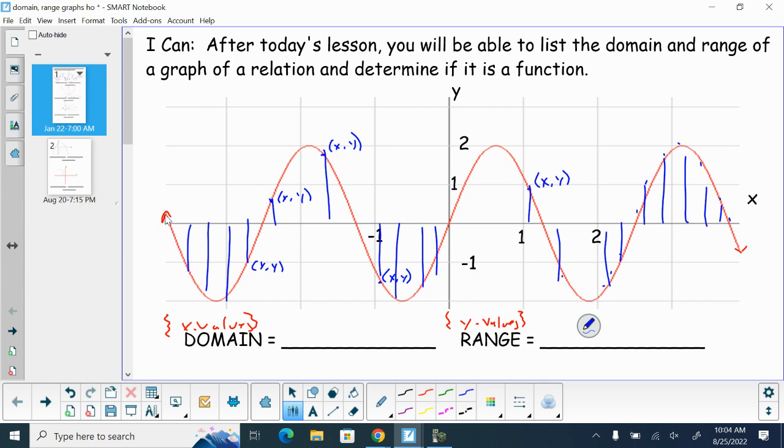So how can I describe all these x values that continue on to the left and right? How can we describe them? Infinite number of x values.